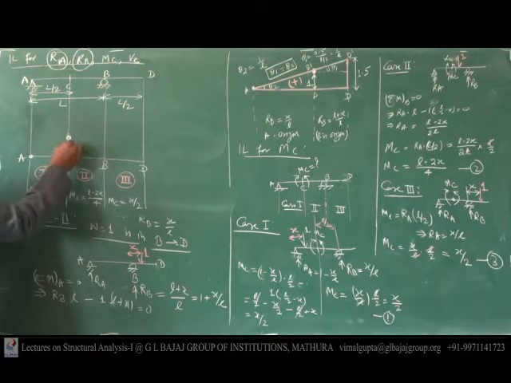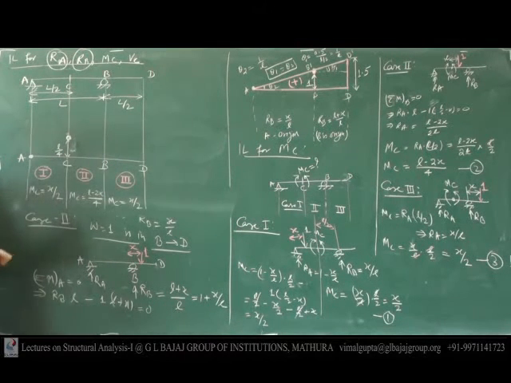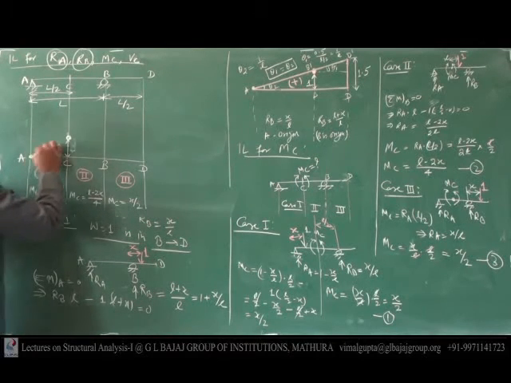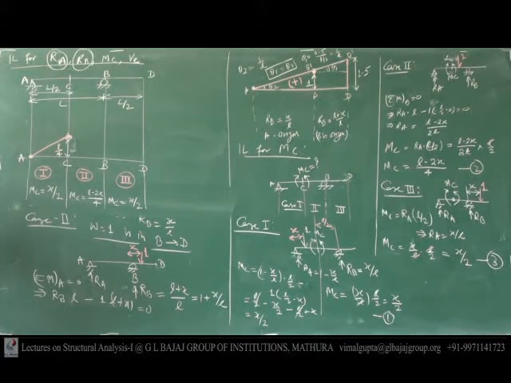Suppose this is L by 4, and it should be a straight line. This is the plot for segment AC.